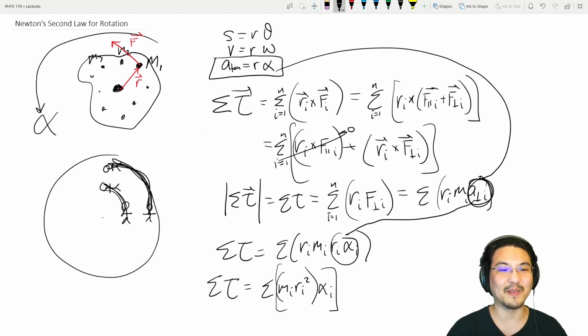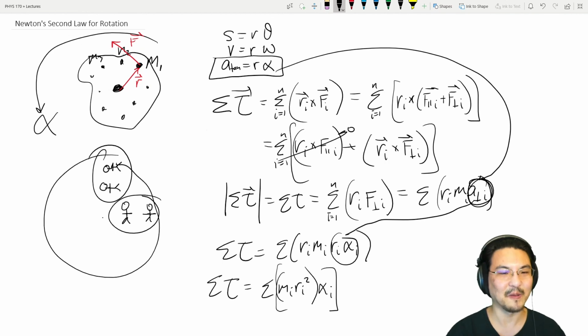So in the same amount of time, this person is going faster, and then that same change in speed, this person is accelerating more. But for rotation, they both rotated the same amount, 90 degrees, pi over 2.